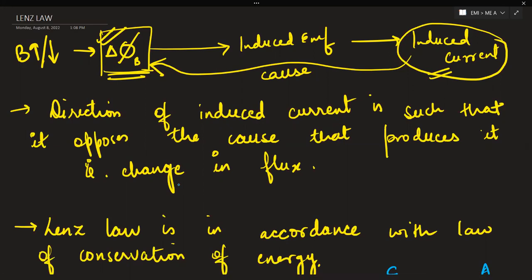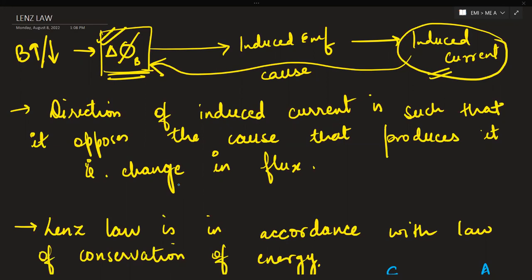From this topic, the laws and direction related questions can be asked. The figure will also be given to you: a coil and an approaching bar magnet. Or simply the question that we just did, two coils, one entering, one leaving.